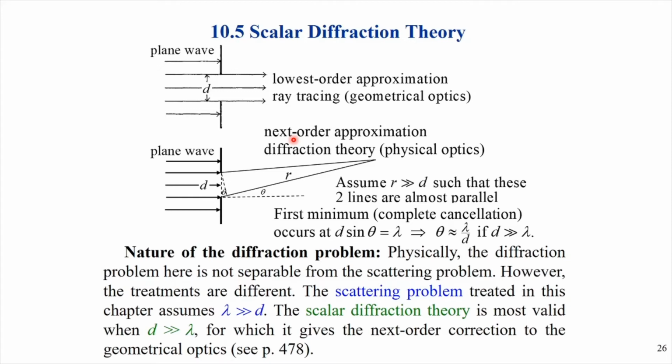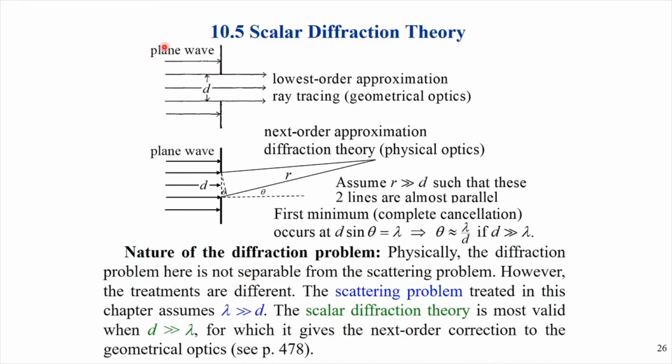First, let's consider the simplest case. We have a screen here. This screen could be anything: plastic, metal, anything. And we have an incident light.